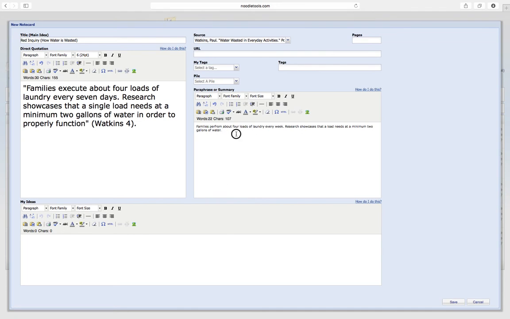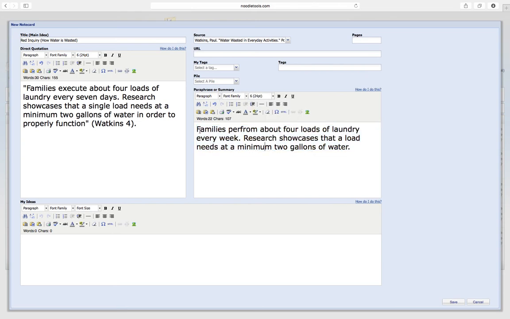Here's the issue with this. Families perform, families execute. I'm already starting off with the same word. About 4 loads of laundry. Every 7 days. Every week, at least I switched up week and 7 days. I know I switched up perform and execute, but everything else sounds the same. I have families.